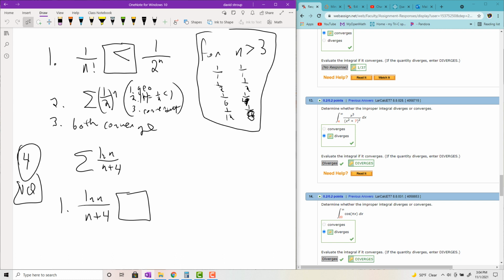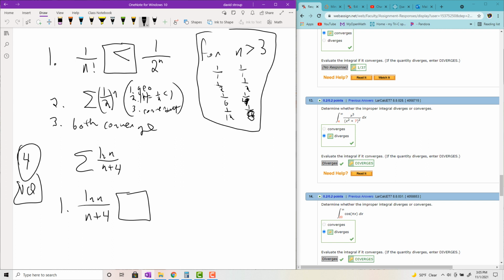First off, let's think about what this thing is. Is it going to converge or diverge? I think because that ln grows so slowly, the main idea is going to be the n plus 4. That's going to take over, I think. So what I would say is that it's going to be divergent. It's going to be like 1 over n. It's going to be like the harmonic series.